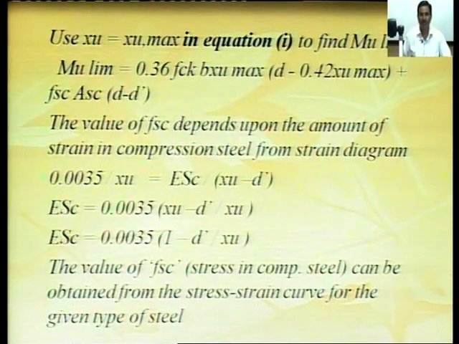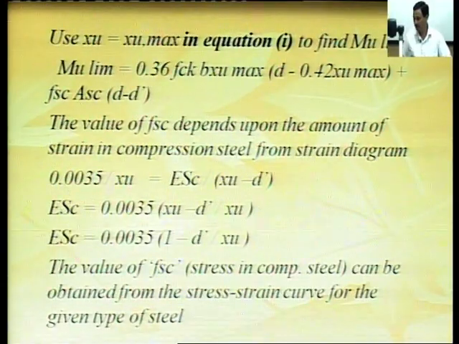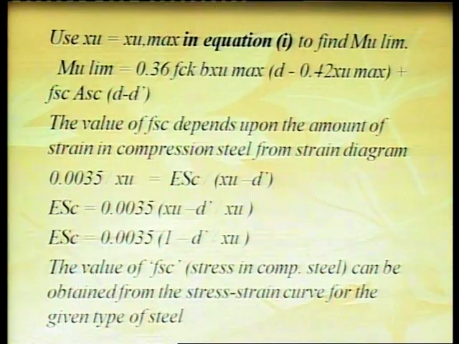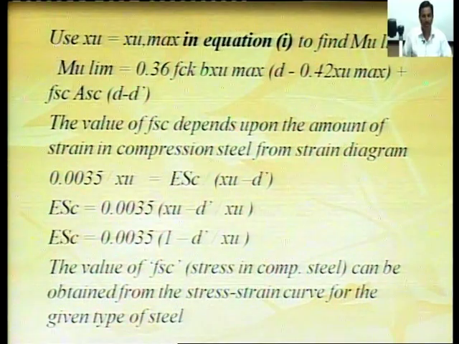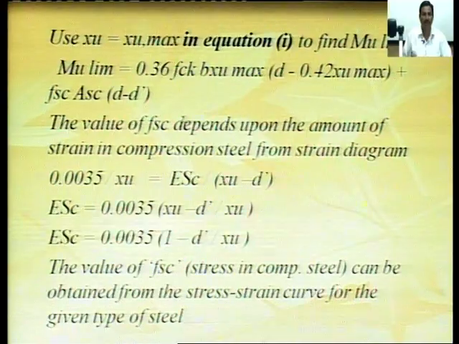where FCK is the characteristic compressive strength of concrete, B is the width of beam, XU max is the maximum depth of neutral axis, D is the effective depth of the beam, FSC is the stress in compression steel, ASC is the area of compression steel, and D dash is the effective cover for compression steel.